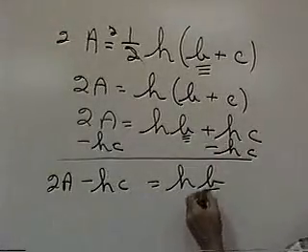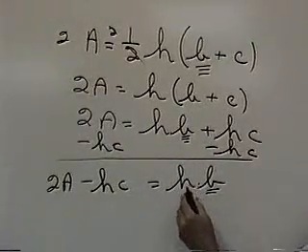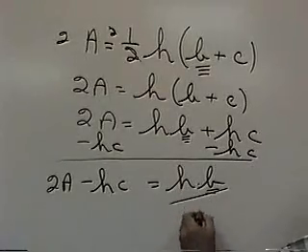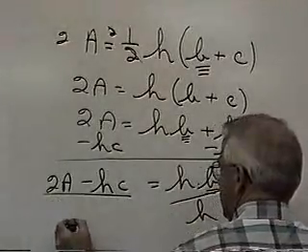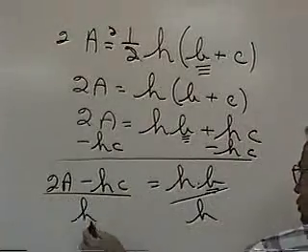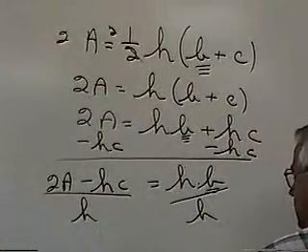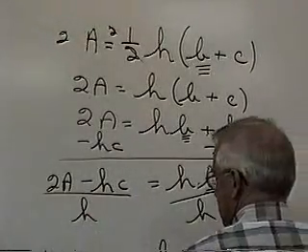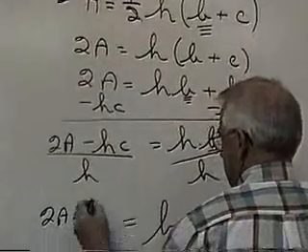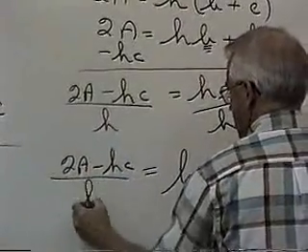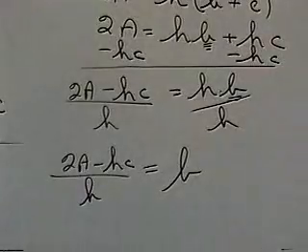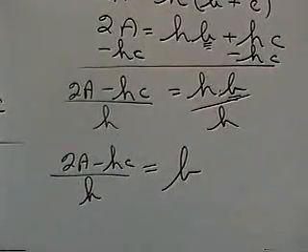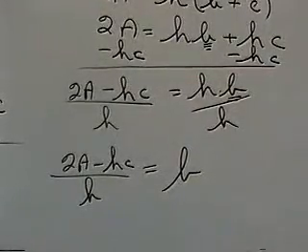Now I'm looking for b, so how is this connected? Multiplication, therefore divide. Put a division sign underneath everything so that you will not divide that out. So the final answer, b, is 2a minus hc over h. All right, let's look at the next example.